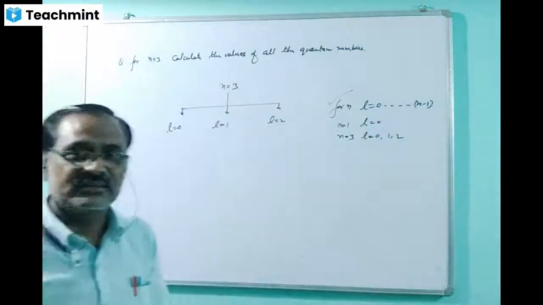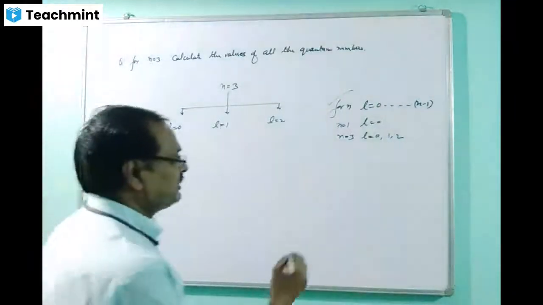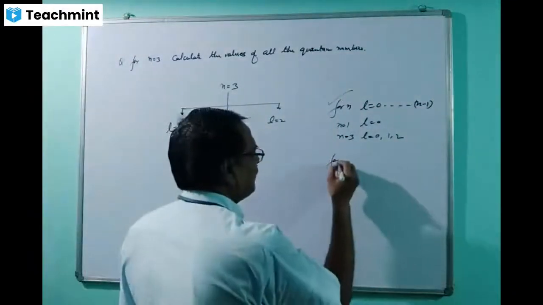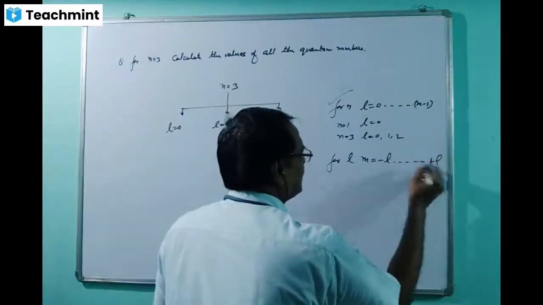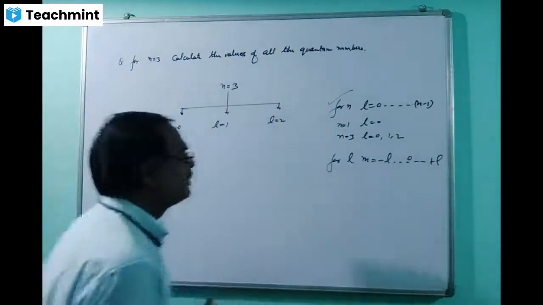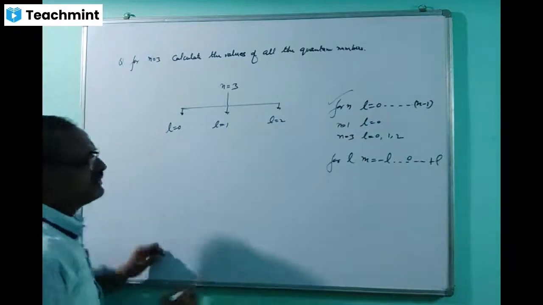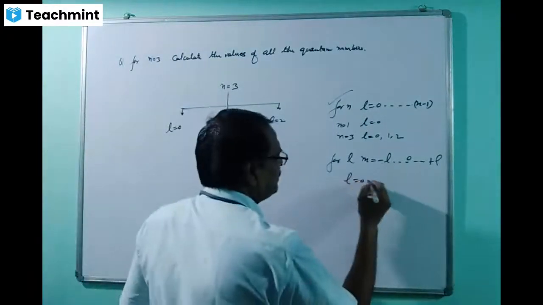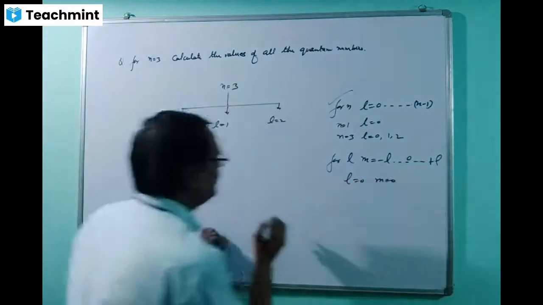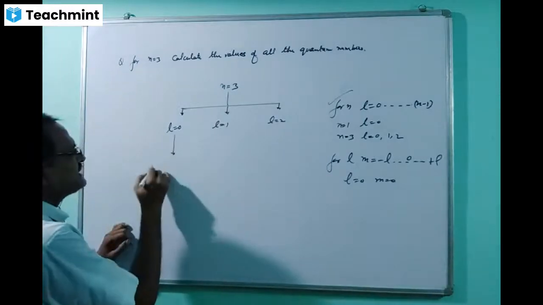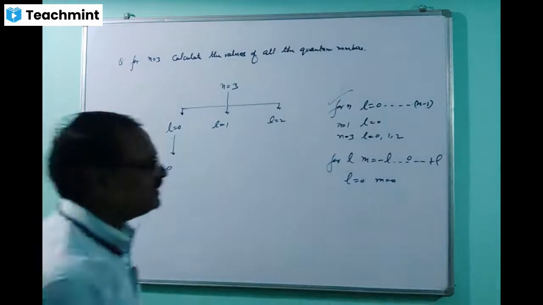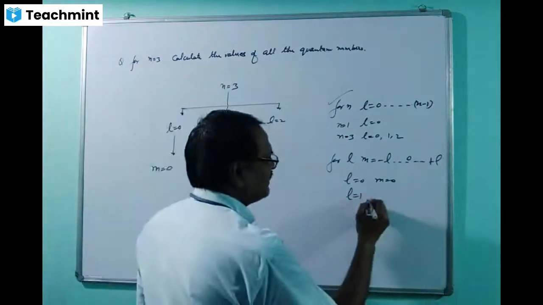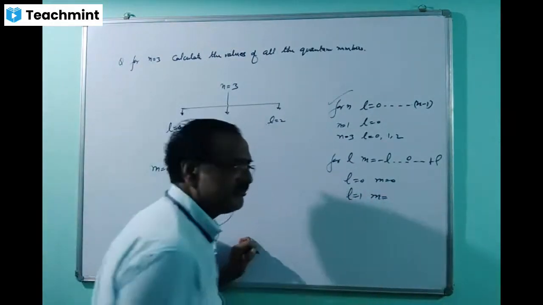Now, next, the value of m. So that you have studied, for l, m is equal to minus l to plus l, in between 0 will be there. So if l is equal to 0, then m will be 0. So here you are getting m is equal to 0. Then if l is equal to 1, what is the value of m?